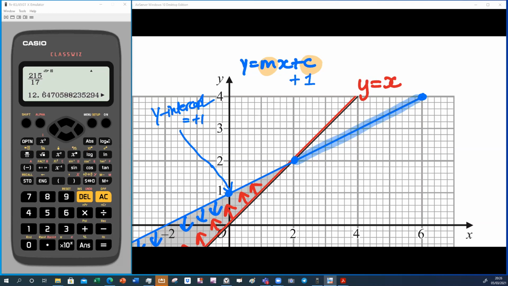Now for the gradient, you're going to need to do a little bit of effort. So we're going to put a triangle under those 2 points. Why have I chosen these 2 points? Because they go through an exact corner, so it will be an exact value.